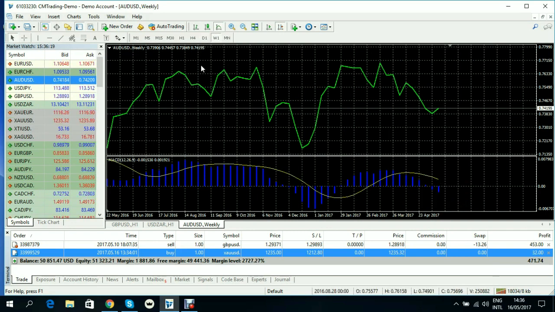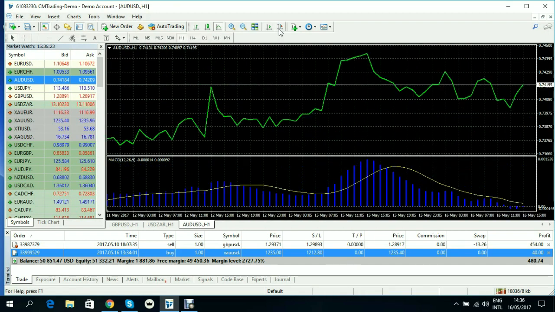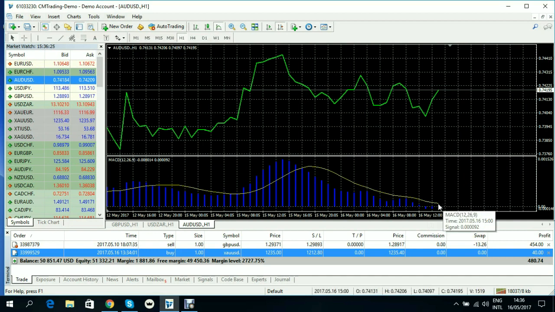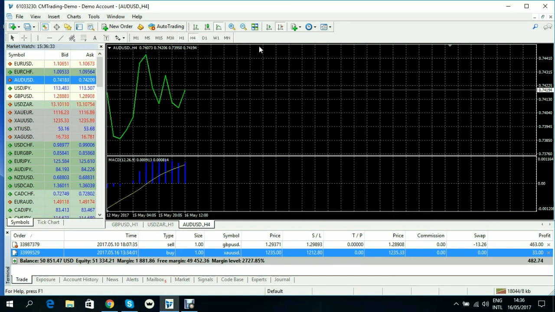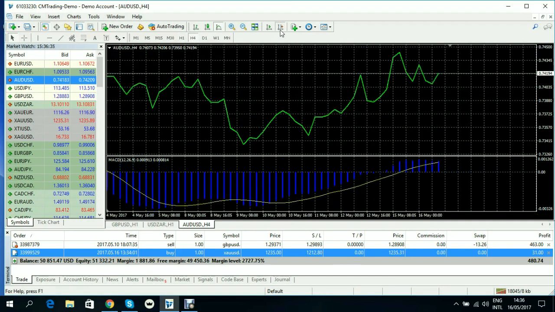So if we want to analyze this now, let's start from 1 hour. Here the bars have just started and it hasn't crossed, so we don't have any entry point. There is no trend or signal there. Here it has crossed.